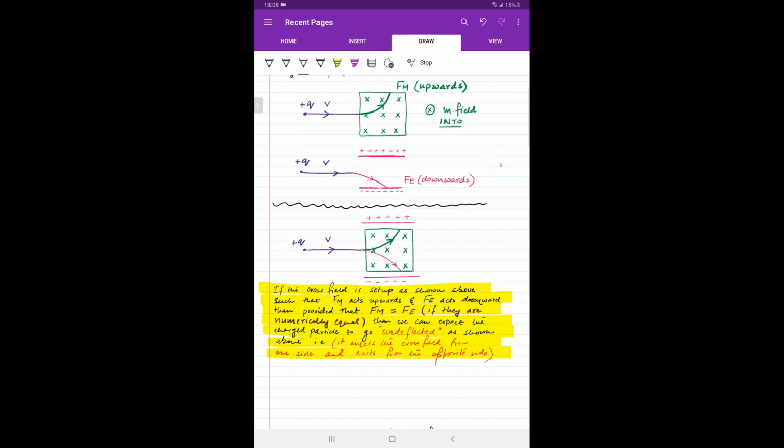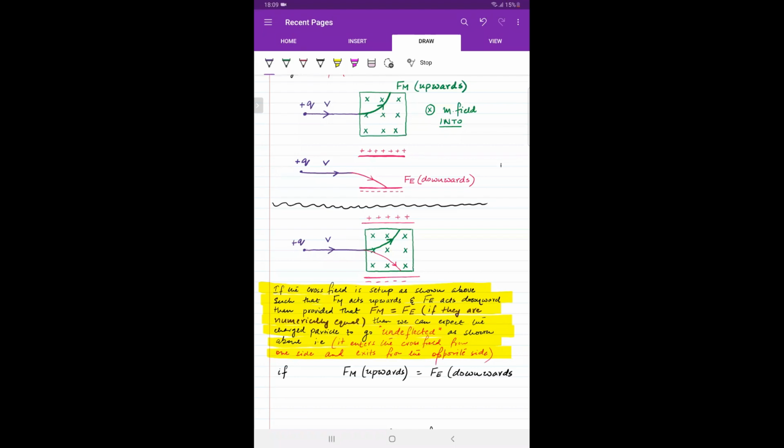So only provided that the magnetic force, which is upwards, balances out with the electrical force, which is downwards, only then you can expect the charged particle to go undeflected. बना के दिखा रहा हूं.